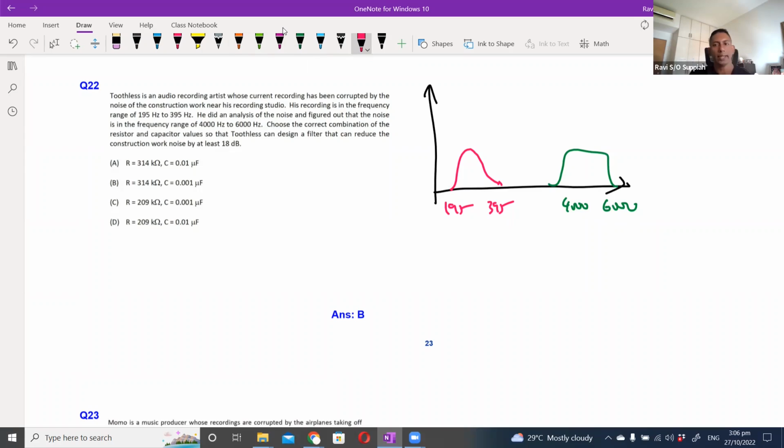That means the starting point of the noise, which is 4000 hertz, must be reduced by at least 18 dB. If I want to draw the response curve of the filter, it is something like this, where it tapers off. If I take this point here and this point here where it touches 4000 hertz, this difference should be at least negative 18 dB.